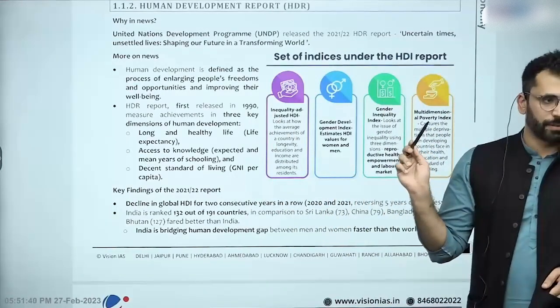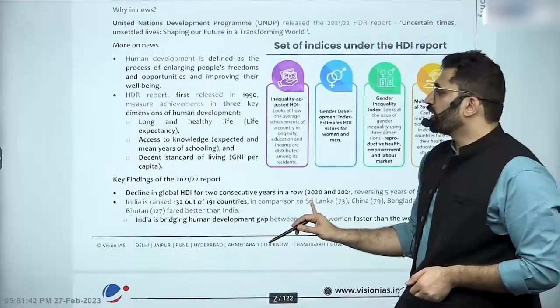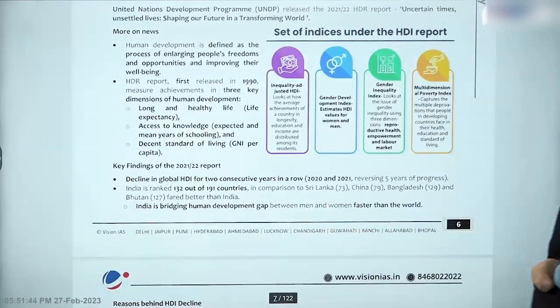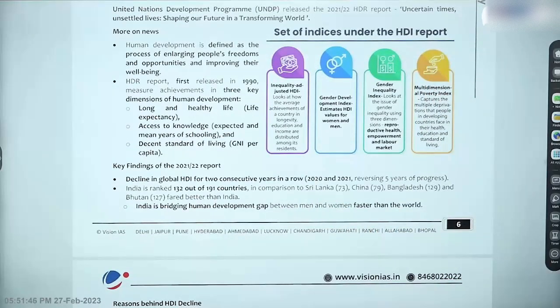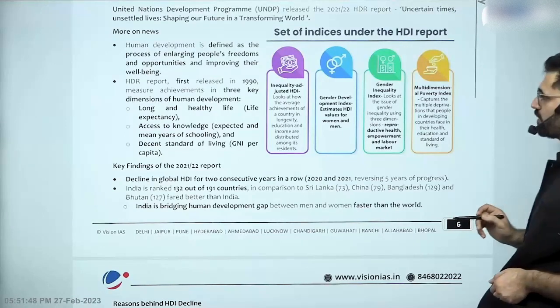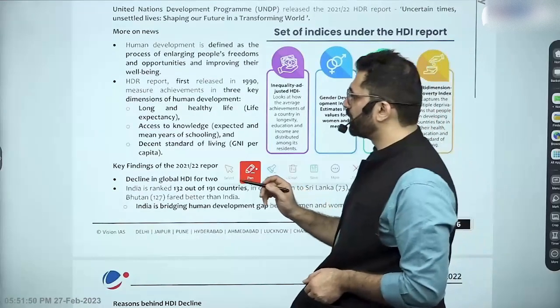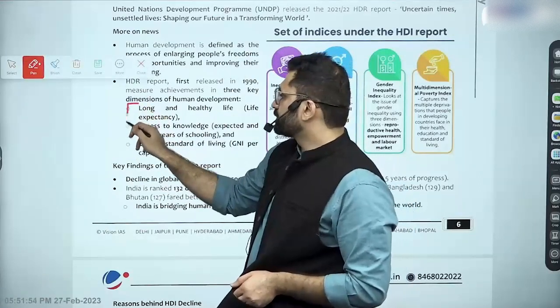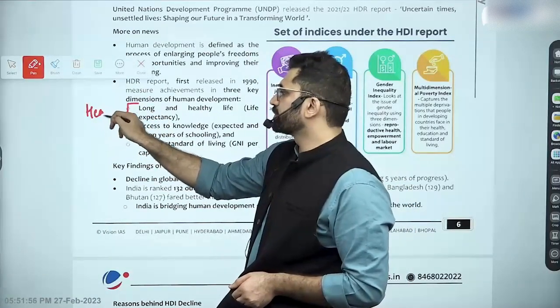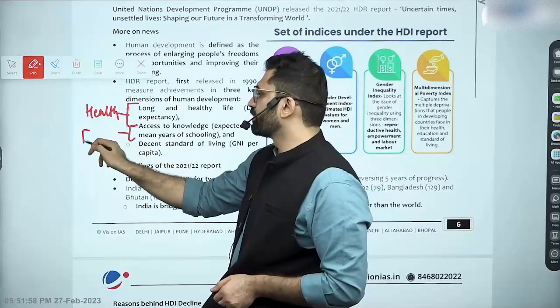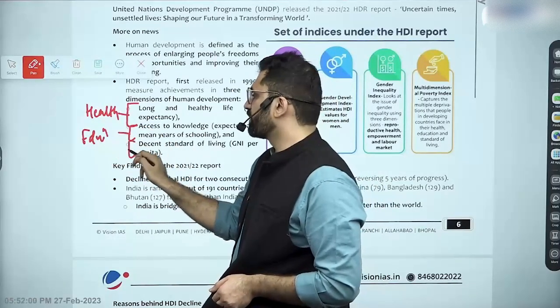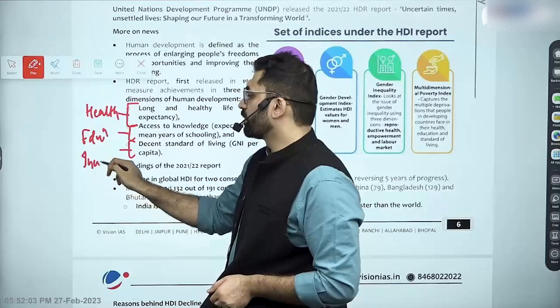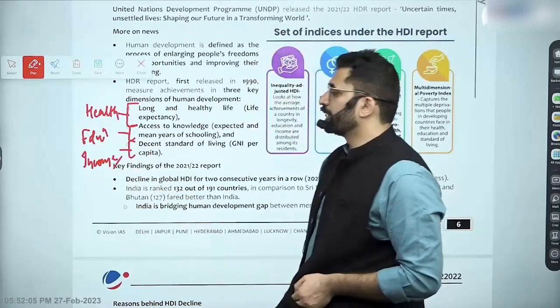Is this clear? The Human Development Report has 3 indices or 3 major factors which it considers as the 3 key dimensions. One is health, the other is access to knowledge, and the other is income.